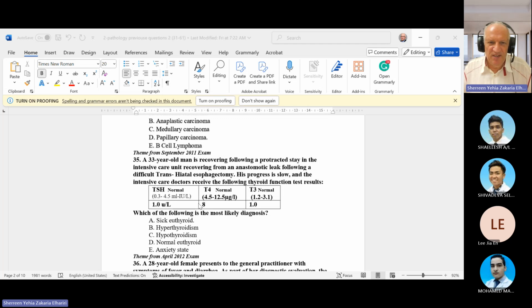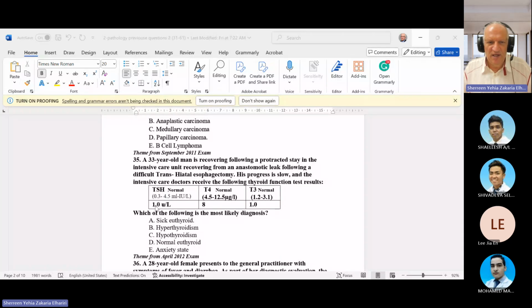Usually in the exam, we give you the normal values between brackets. A 33 years old man is recovering following a prolonged, protracted stay in the ICU, recovering from an anastomotic leak following a difficult transhiatal esophagectomy. His progress is slow and the intensive care doctor receives the following thyroid function.